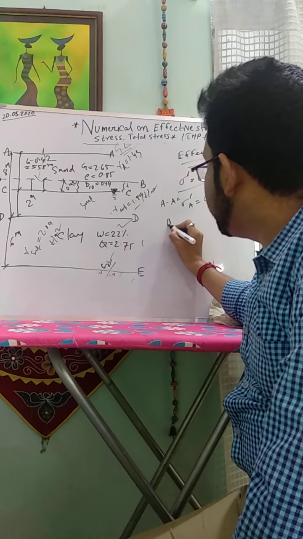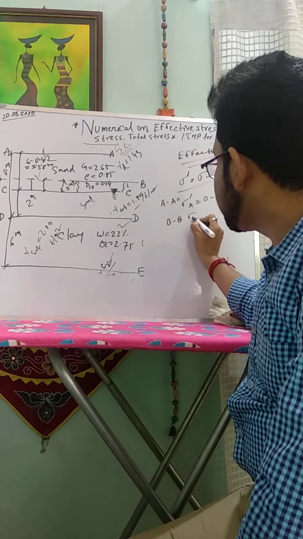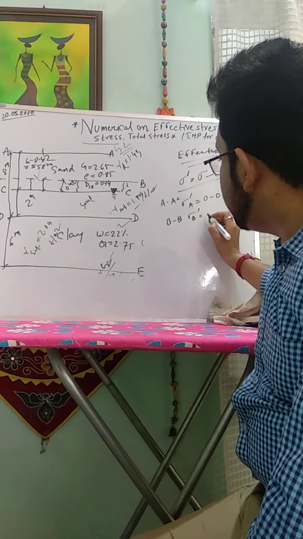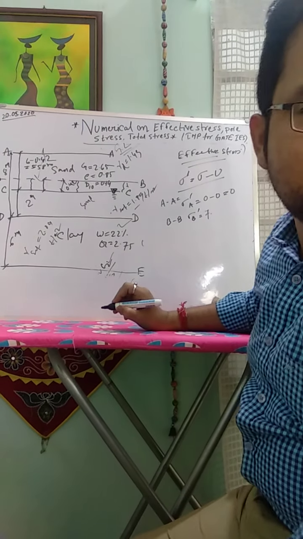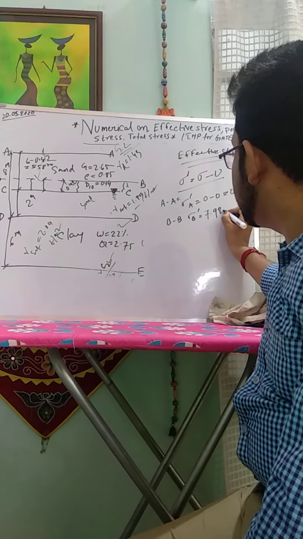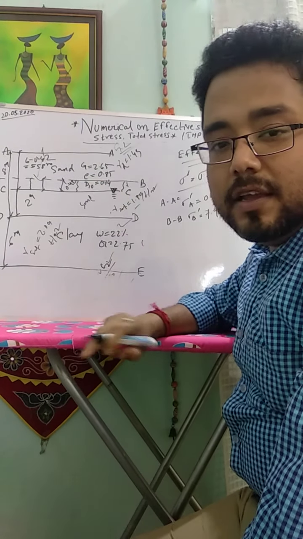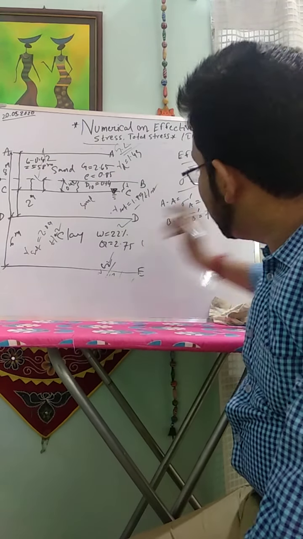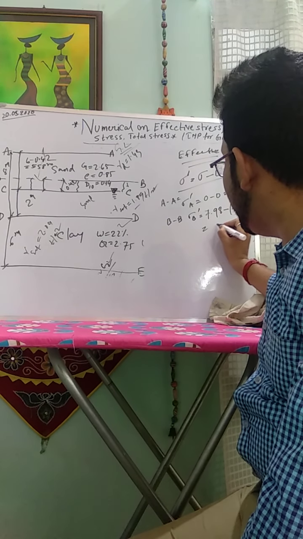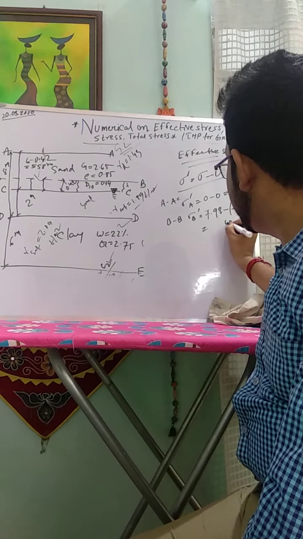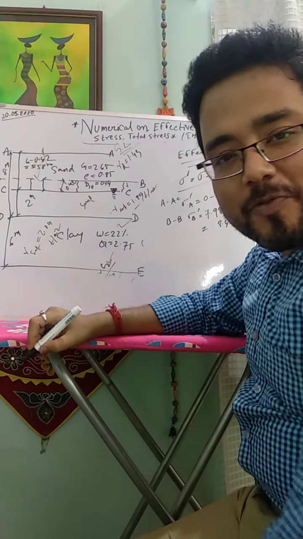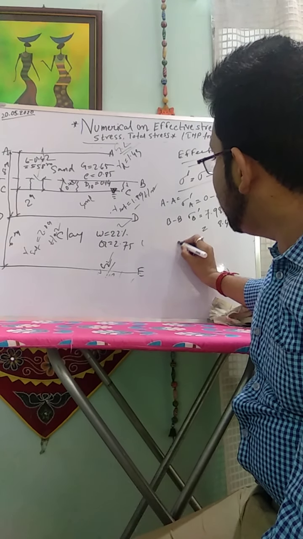At the BB plane, total stress is 7.98 and neutral stress is minus 0.42, so it will be 8.40.